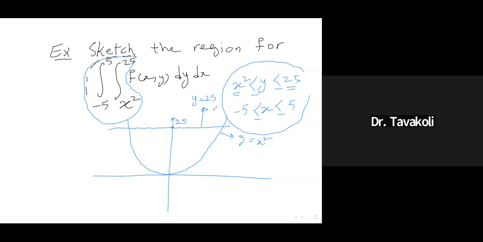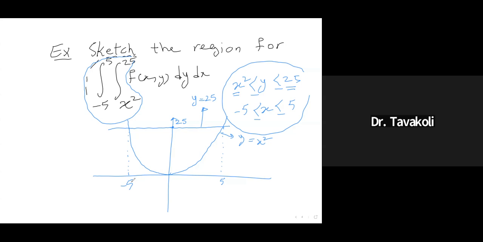Obviously, when y is 25, the corresponding x on the parabola is, or in fact, are 5 and -5. Because it is y equals x squared, when y is 25, x is either 5 or -5. So now what's the region?